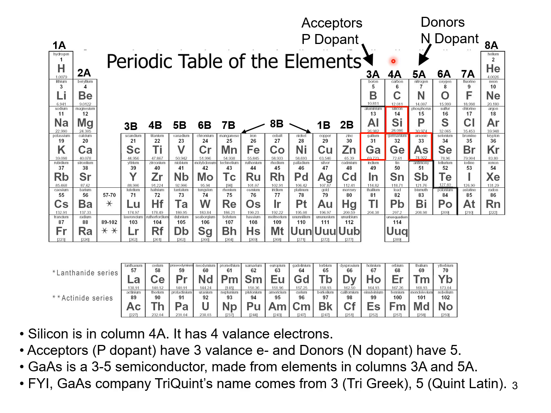Well, silicon has 4, and the column immediately to the left of silicon would have 3, and that would be the column made up of boron, aluminum, gallium, indium, and thallium. Those are called the acceptor dopants, or P dopants. And by having 3 electrons, that means they have 1 fewer electron or 1 fewer negative charge.